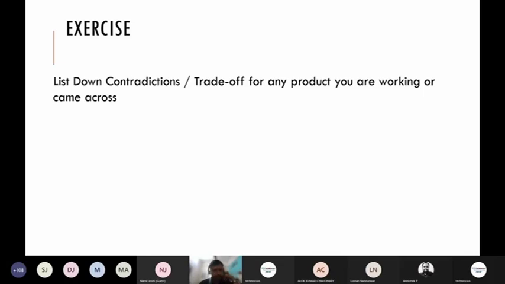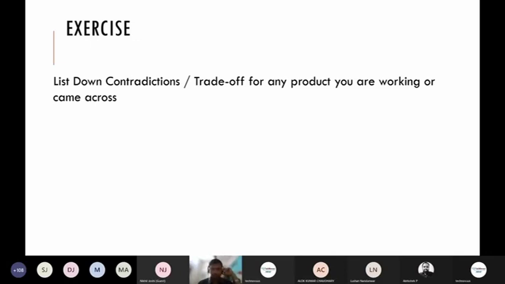I just say A versus B. Do not write a lot of description. Can you please do that for any product? And if you are telling me that your product does not have any trade-off, then something is not right. Please go back and check.